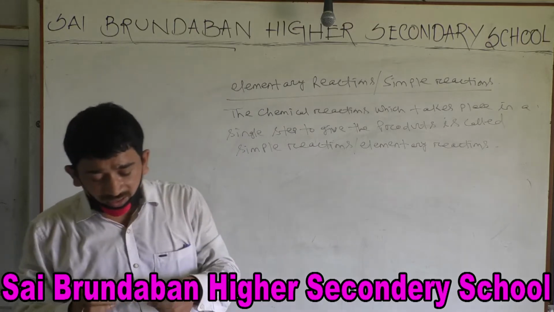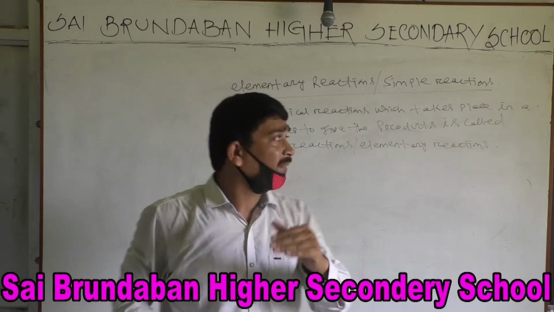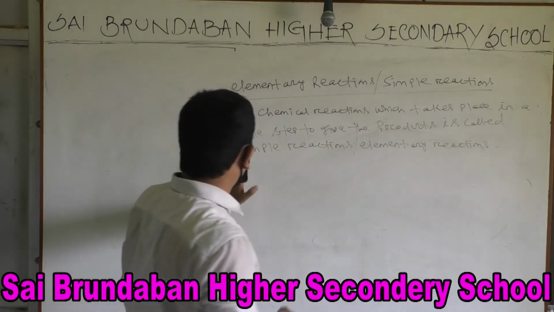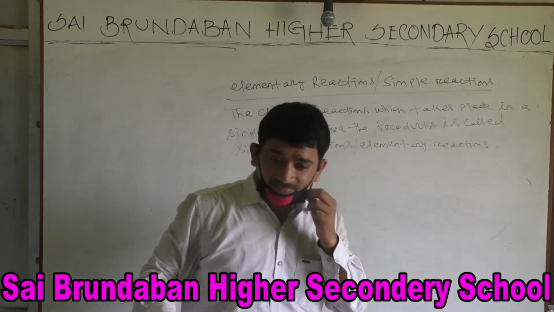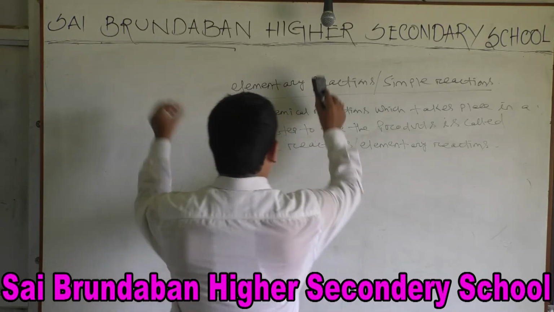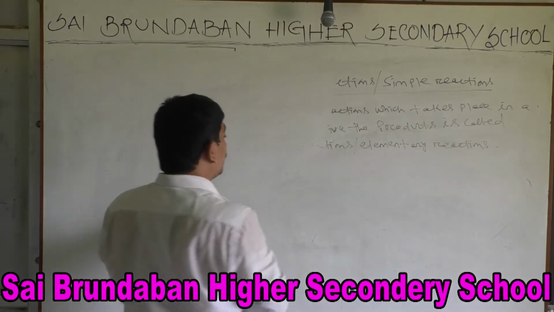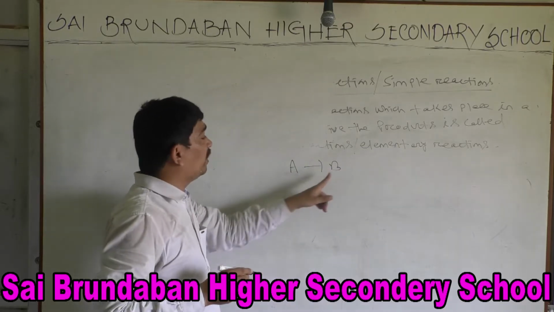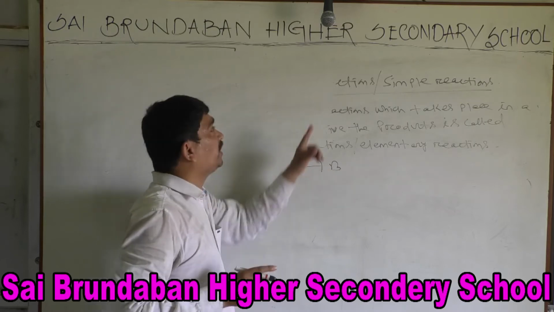So what is an elementary reaction? The reaction which takes place in a single step to give the product is called a simple reaction or elementary reaction. For example, suppose A gives rise to B. A is the reactant, B is the product. Simple one step, reactant gives product, that is called a simple reaction.